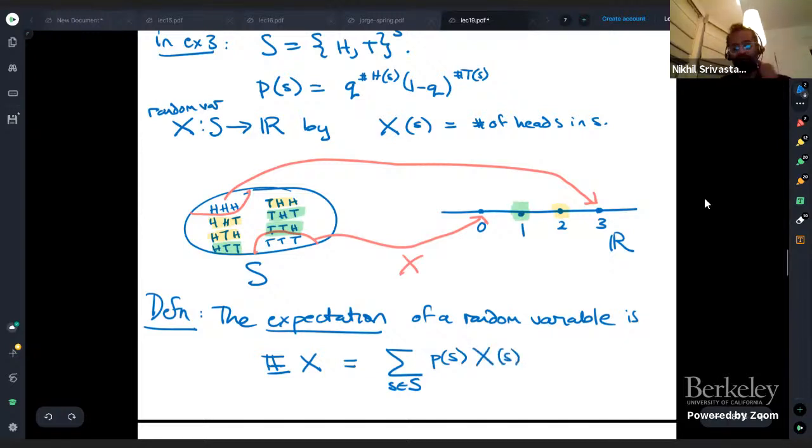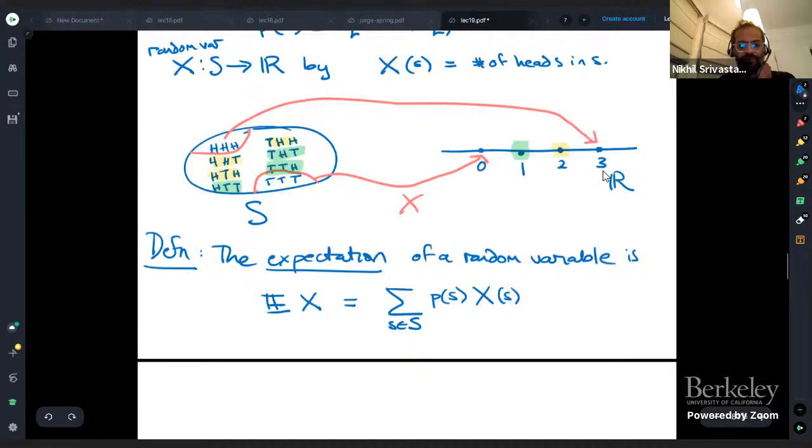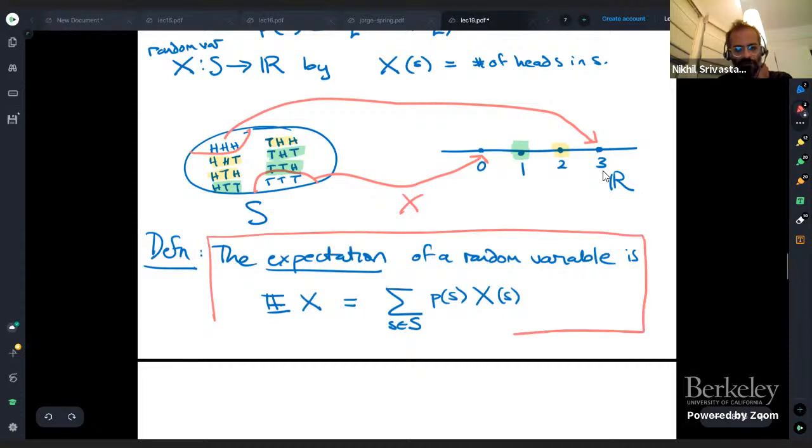So it's just a weighted average, weighted by the probabilities. And the meaning is it's the average value, right? So this is just a weighted average of X with respect to the probabilities.